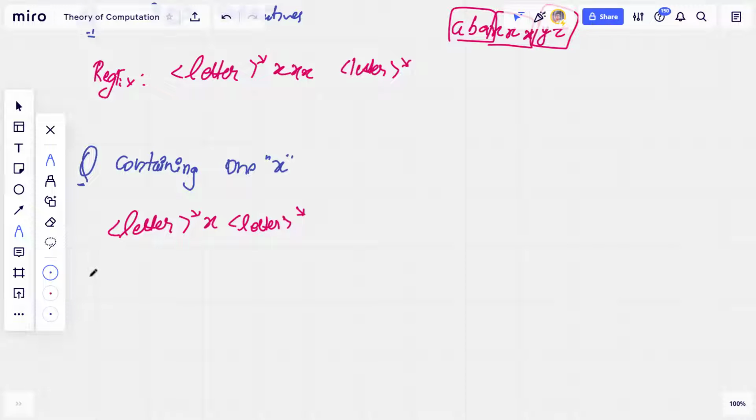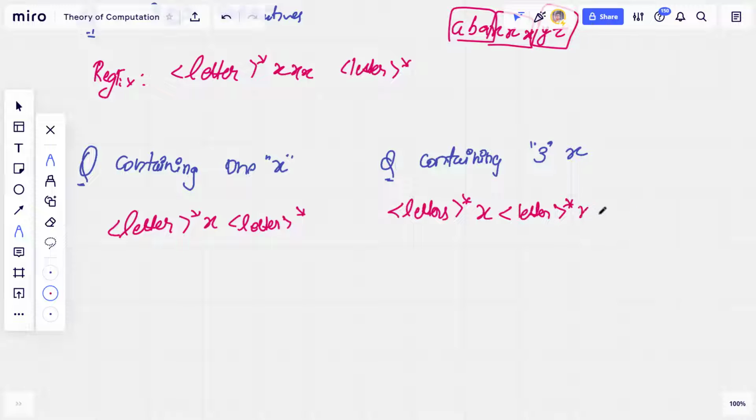Now let's complicate a bit. Let me write it here only. Containing 3x. Okay, they are not consecutive. They can be anywhere. So it is interesting. See, any number of letters in the beginning, then 1x, then any number of letters after that x, then x, then any number of letters after it, then x, and then again any number of letters after it.